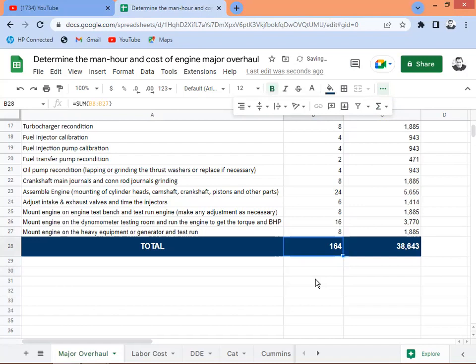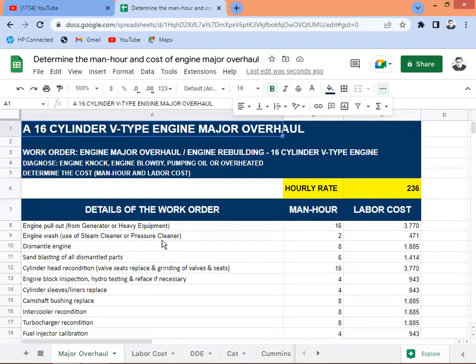So 164 man hours, with the cost of 38,643, doing all these things. Major overhaul or general overhaul. You're going to fulfill the work order, which is the engine major overhaul or engine rebuilding of a 16-cylinder V-type engine. Okay, that's it for now.